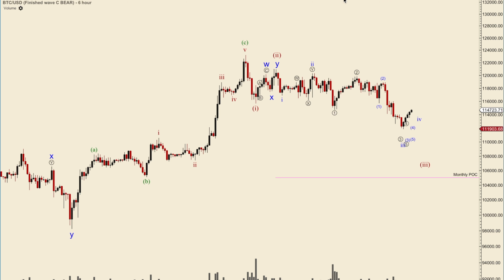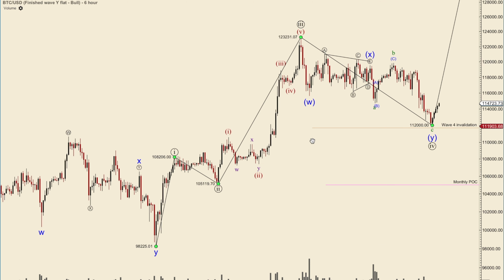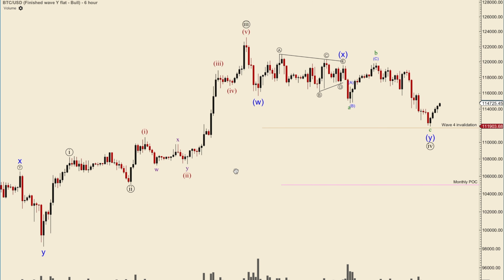I'm not going to go into details here, but it doesn't count well as an impulse. We are dealing here with a 3 structure, so it's 1, 2, 3, and so on, or like 1, 2, 3, if we see it in the bigger picture. So the direction is upwards biased.